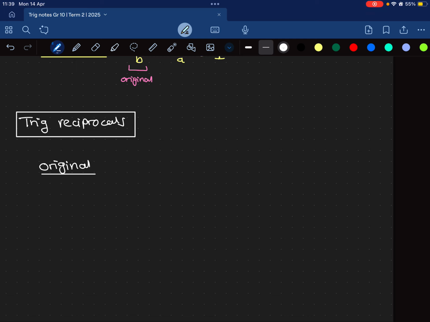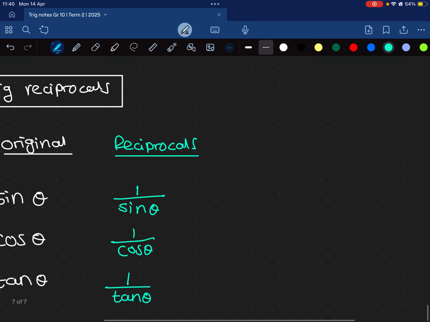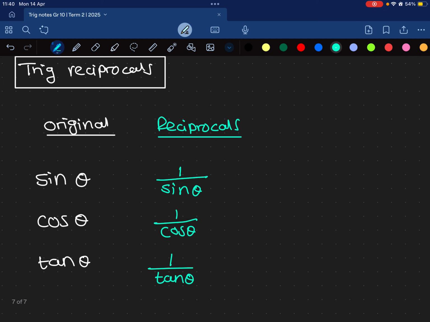The original ones are sine of theta, cos of theta, and tan of theta. So now we know that the reciprocals are obviously going to be 1 over sine of theta, 1 over cos of theta, and 1 over tan of theta. Okay, easy enough to remember that.